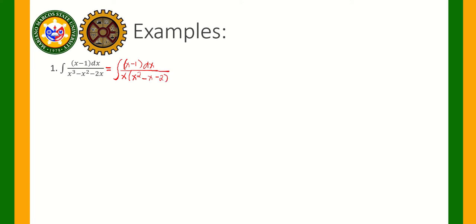Okay. And from there, kunin natin yung mga factors ng quadratic equation na to. So, this will be equal to x minus 1 dx all over x. What are the factors of x squared minus x minus 2? So, this will be equal to distribute natin si x. And since negative to, ibig sabihin, we will have 1 na negative.